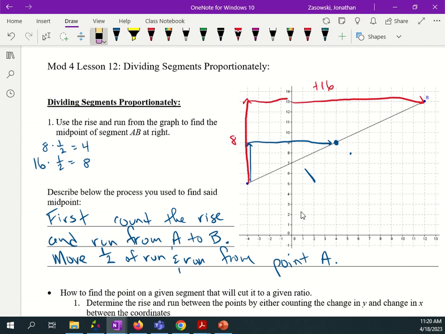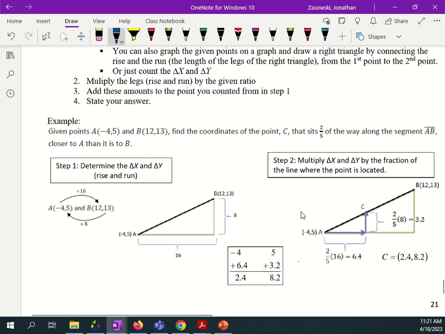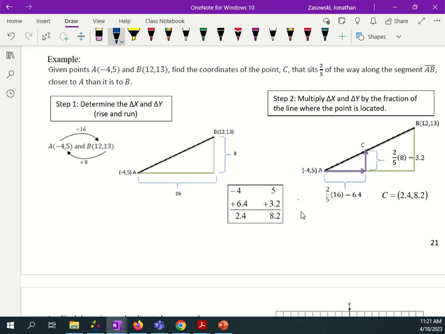So what we are going to do is use our tape diagram skills and our knowledge of how to do the slope graphically to answer questions like this example. Given points A and B, find the coordinates of point C so it sits 2/5 of the way along segment AB.